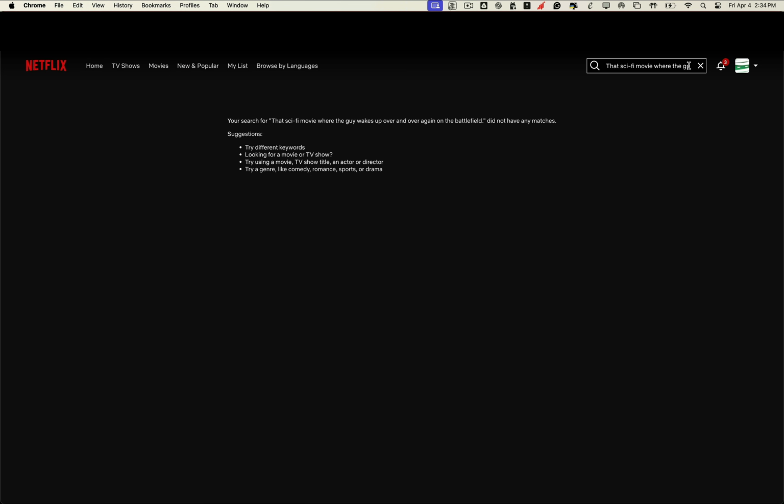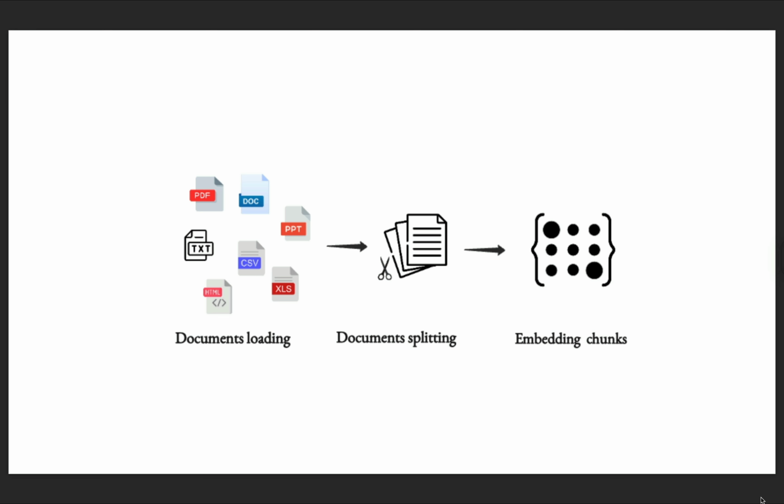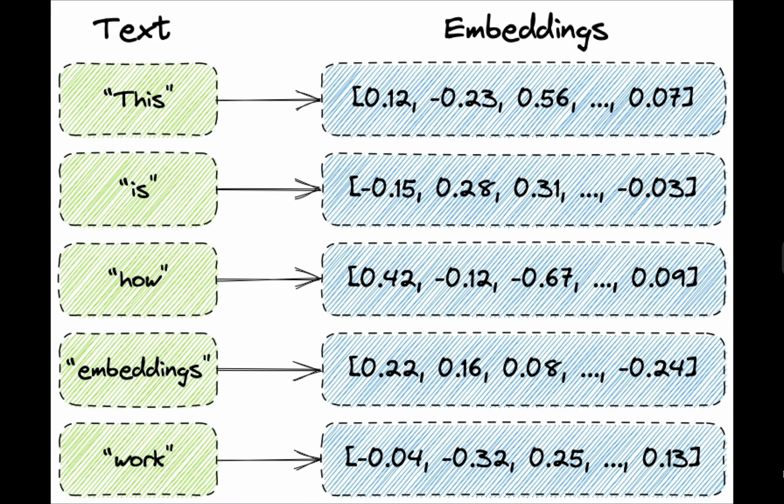The solution: search by meaning instead of words. And that's where embeddings come in. Embeddings are a way to translate a chunk of text into a vector, a list of numbers that represents the meaning of that text. Then when someone asks a question, we also turn that question into a vector.